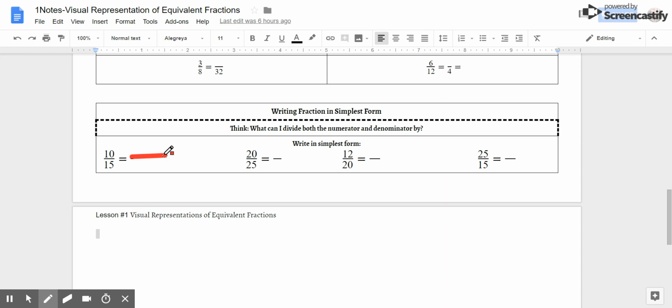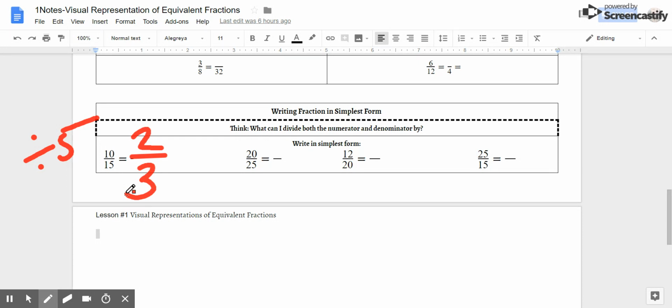I think, what can I divide both my numerator and denominator by? Well, I know that they end in a 0 and a 5, so I can divide both by 5. So 10 divided by 5 is 2. 15 divided by 5 is 3. So it's the same as saying 10 out of 15 students do their homework as saying 2 out of every 3 students do their homework.